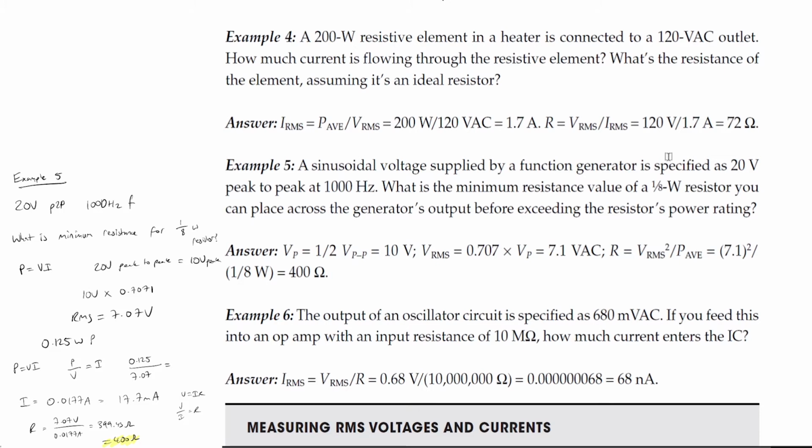I'm going to keep it as just amps for now, 0.0177, just because it's easy. I'm less likely to make a mistake when I'm calculating. So I've got current now, and I'm trying to find the minimum resistance value.